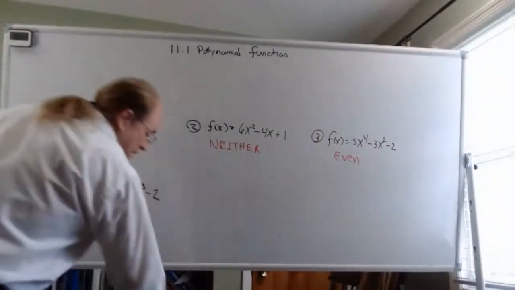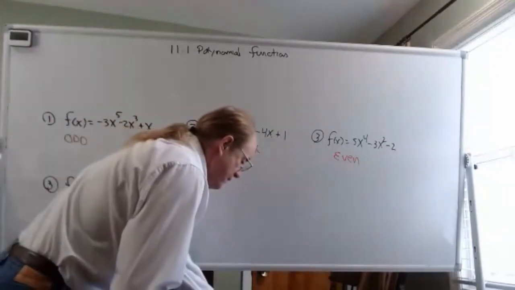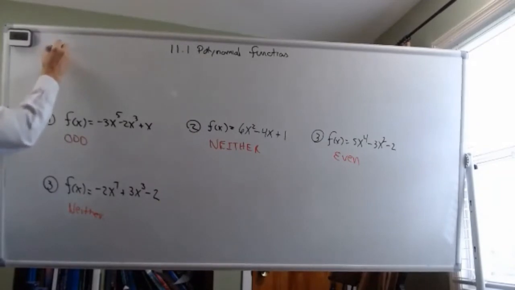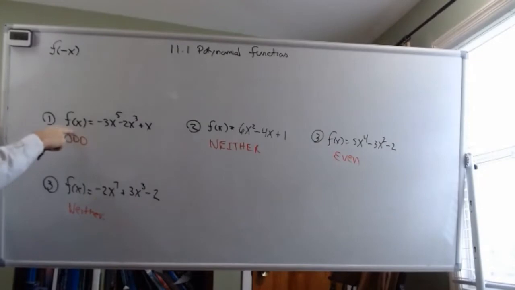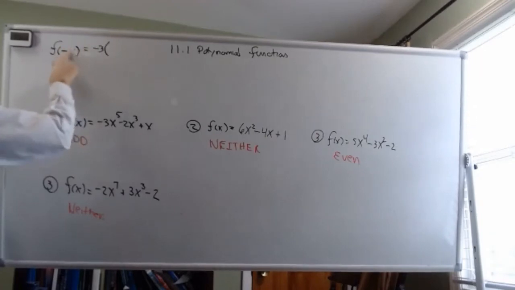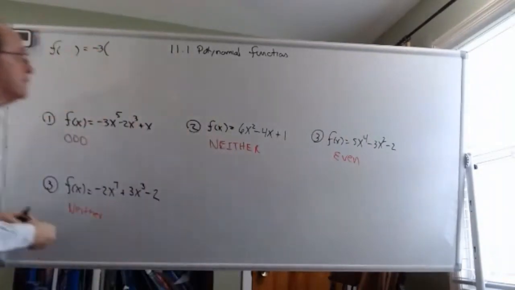So the test is the same for both of them. I'm always going to be looking at f of the negative of x. So let me do that over here. f of the negative of x is equal to minus 3, and everywhere I have an x, I'm going to put in a negative x.